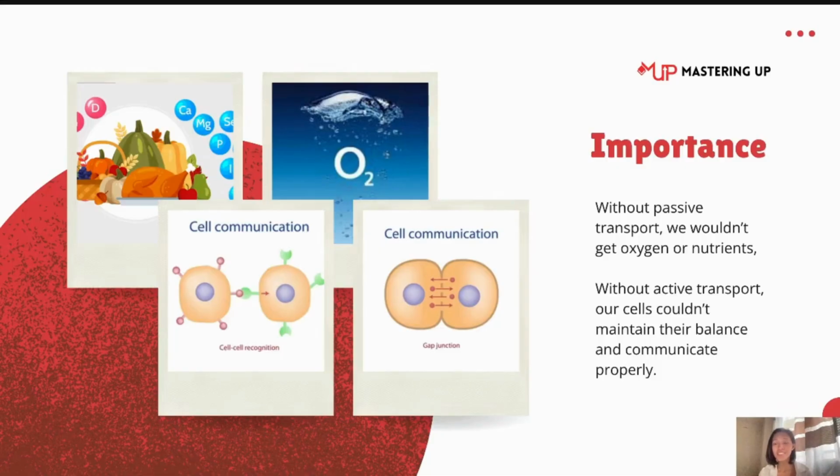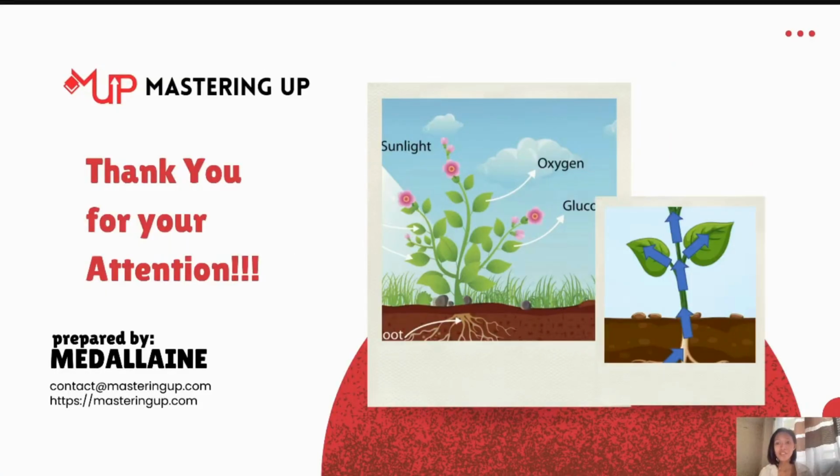Without these transport systems, cells wouldn't be able to function properly, leading to problems in growth, communication, and overall health. In conclusion, cell transport is a crucial process that allows substances to enter and exit the cell, whether through passive transport, which again does not require energy, or active transport, which uses energy.